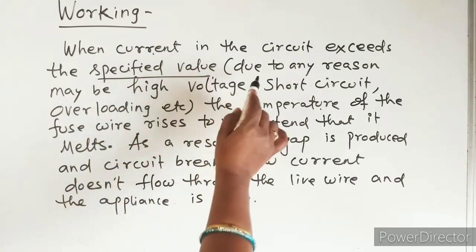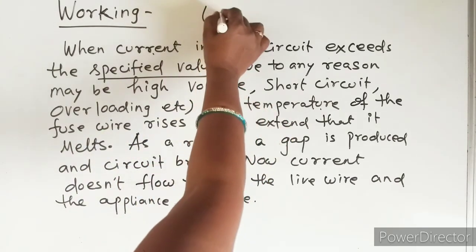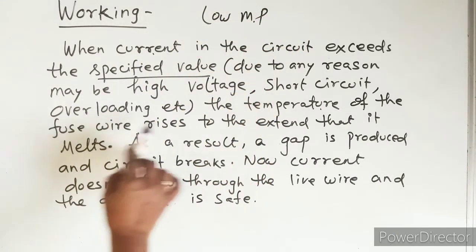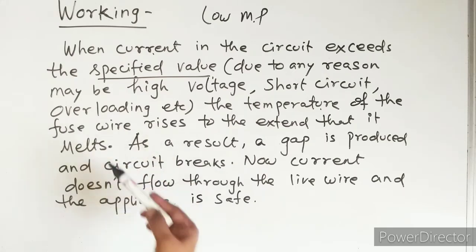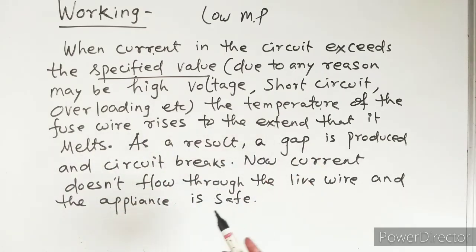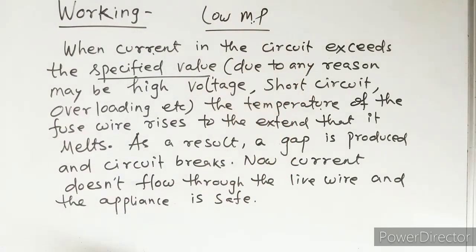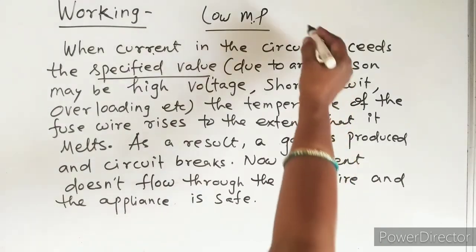We have taken the fuse of low melting point, so as the temperature rises, the fuse blows off. As it has the low melting point, the fuse blows off and a gap is produced.